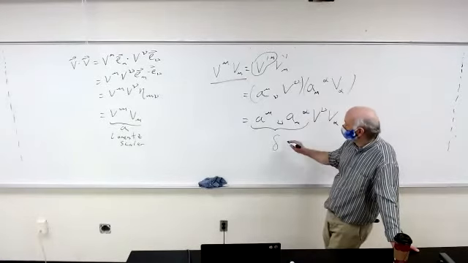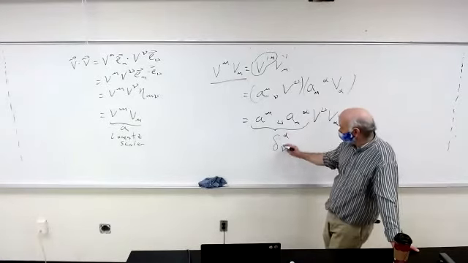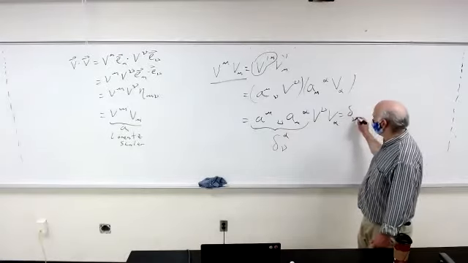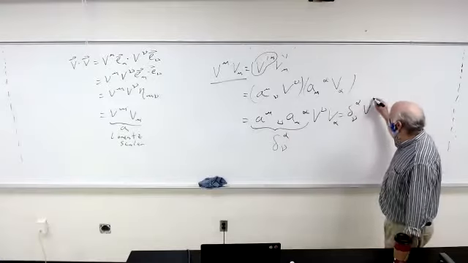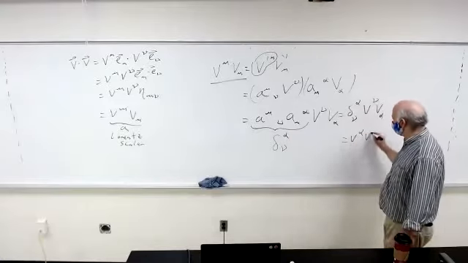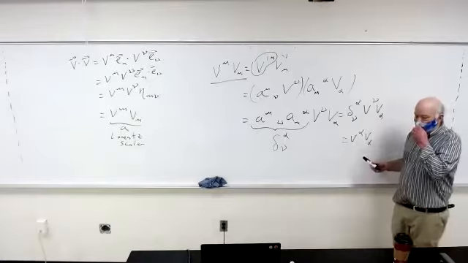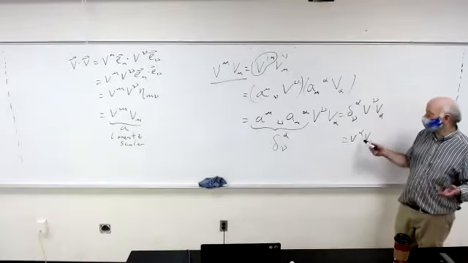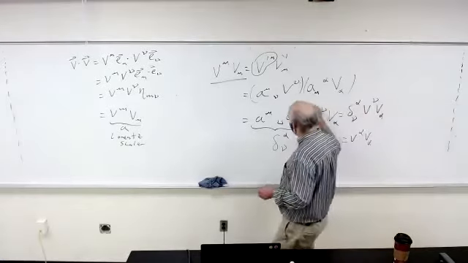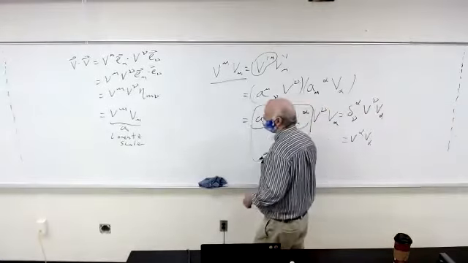Doesn't matter. Top and bottom. Yeah, like that. So we have this, which is this. I can just as well put the nu there as y. It doesn't matter whether I use the alpha or the nu because I'm summing on them. So we have this fellow. That's really important.